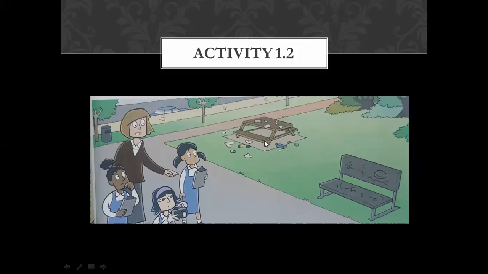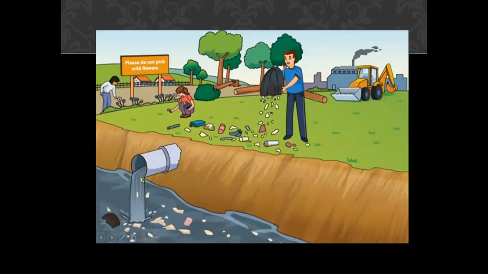See, if you can see the arrow, it is dirty. Now look at this picture. You can see in the environment that they are cutting the trees. The sewage system is open. The dirty water is open and it is mixing with clean water.